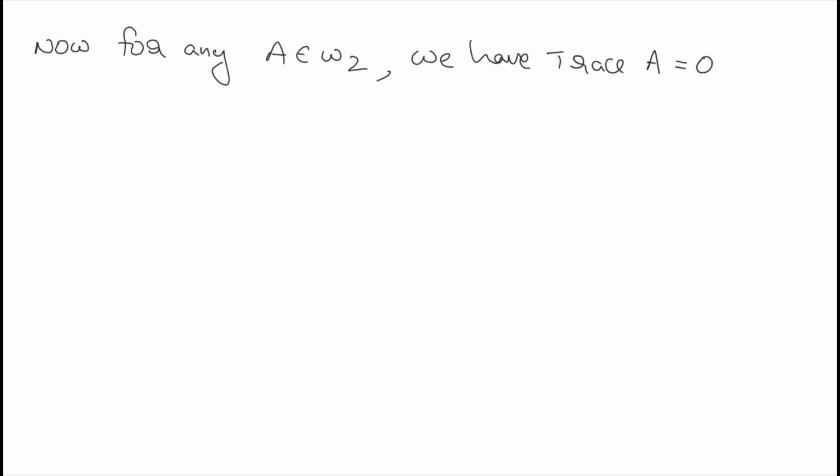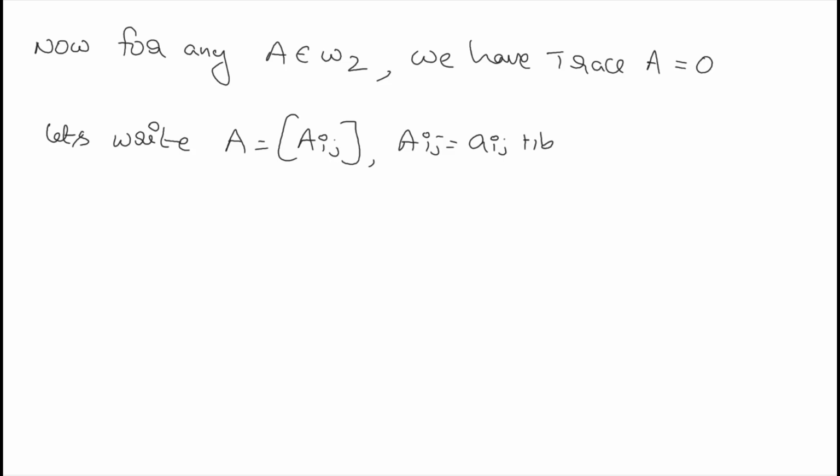That means when we write, let's write A equal to that matrix Aij, where Aij equal to Aij plus I times Bij, where Aij, Bij are real numbers for 1 less than or equal to i, j less than or equal to 3.